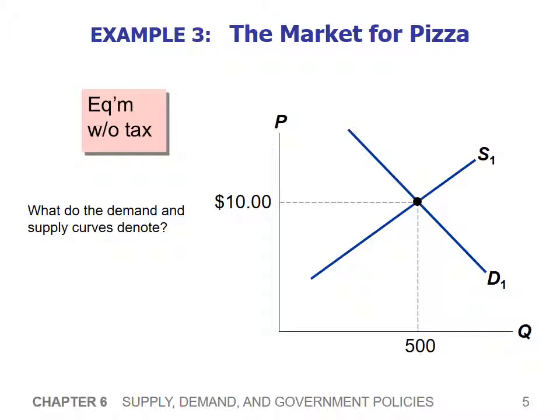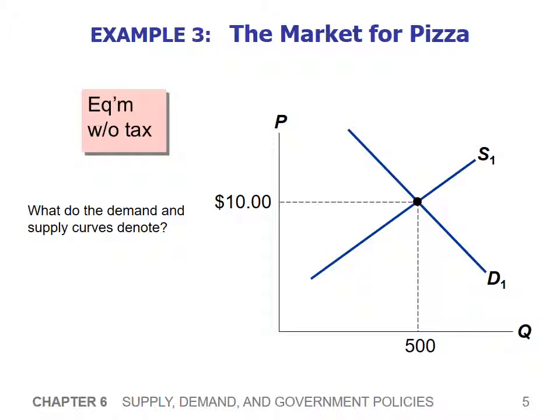When buyers consume something, they get a utility or satisfaction from consuming that good. Typically, buyers try to ascribe a dollar value to that satisfaction. So they are wondering whether paying X dollars for that item is worth it or not. And that's what the demand curve is. In this case, the most that buyers are willing to pay for 500 pizzas is $10.